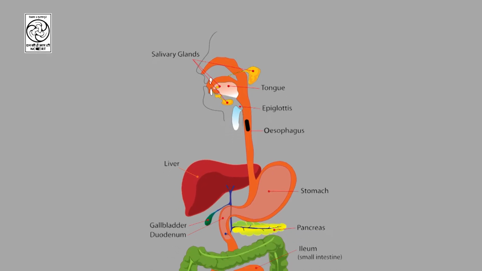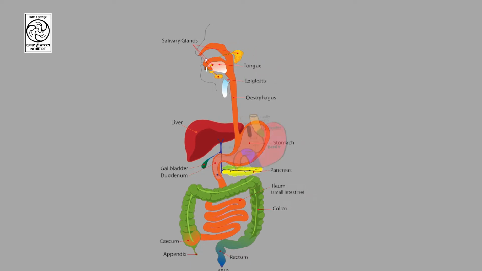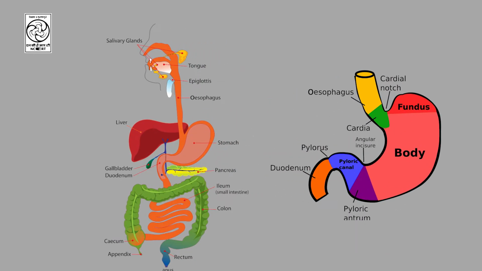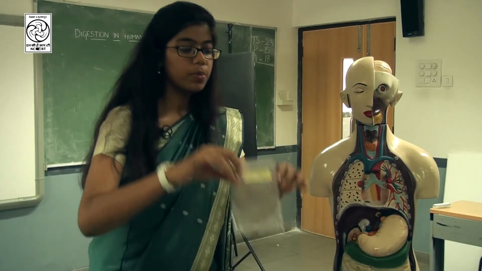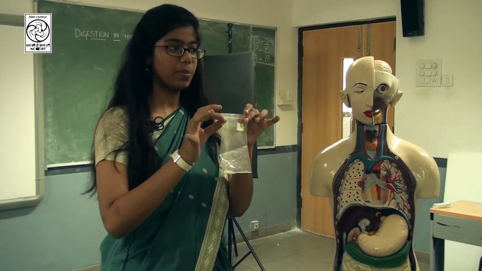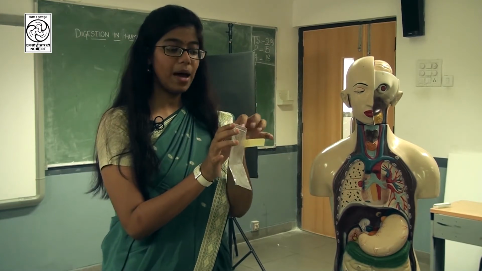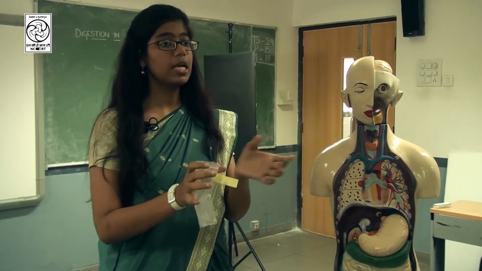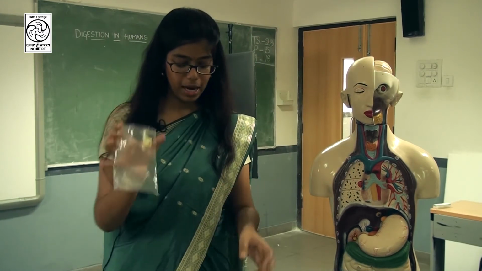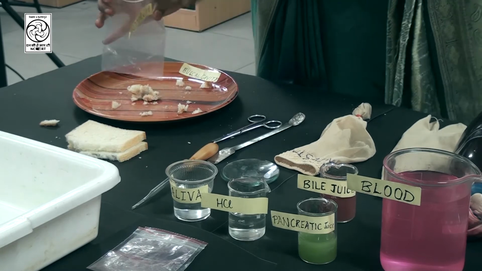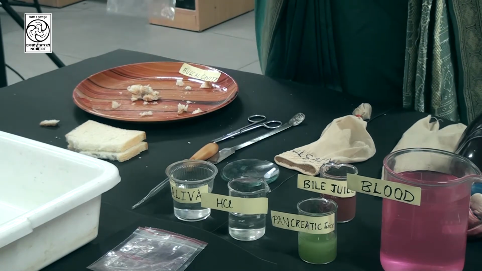stomach. The stomach has muscular walls and it is the first site for active digestion. Now what happens? Let us assume this to be our stomach. Okay? So I can pass the chewed food, it goes through the esophagus into the stomach, right? So I am passing the chewed food into the stomach.